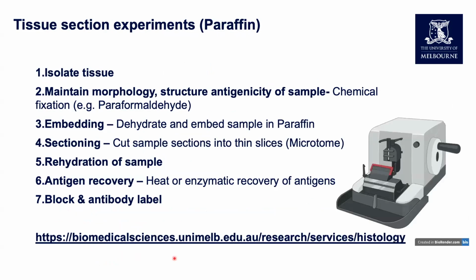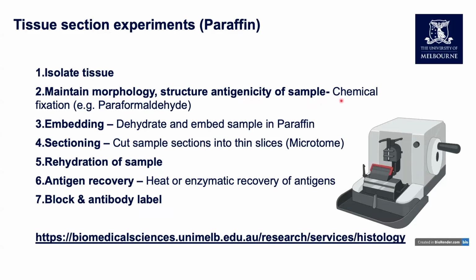What we'll do over the next couple of slides is look at tissue sections and a couple of different approaches we can use there. One is paraffin embedding, and the other is cryopreservation. So let's start with paraffin embedding. Here you can isolate your tissue. We want to maintain the morphology and the structural antigenicity of the sample.